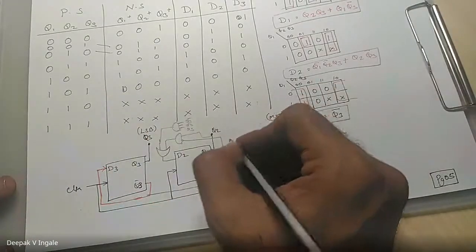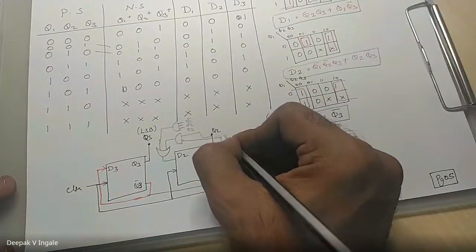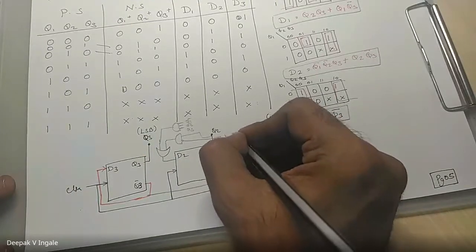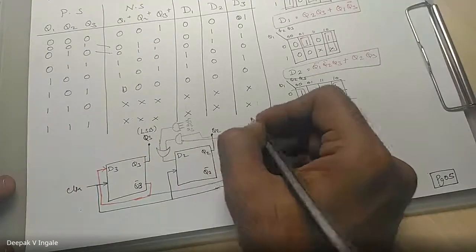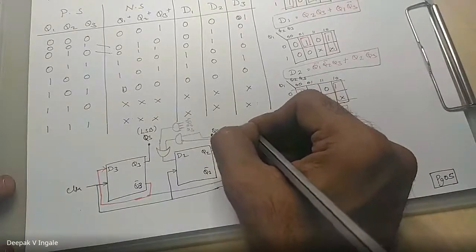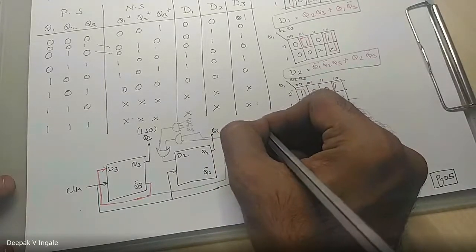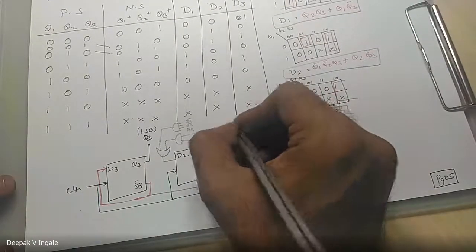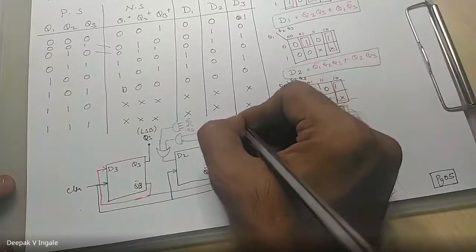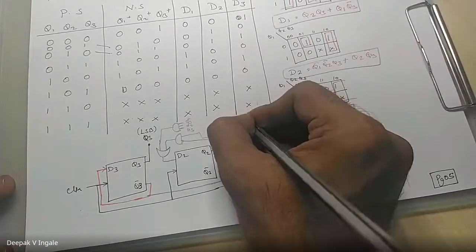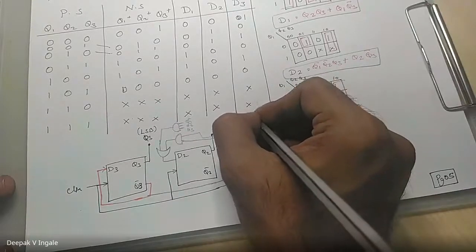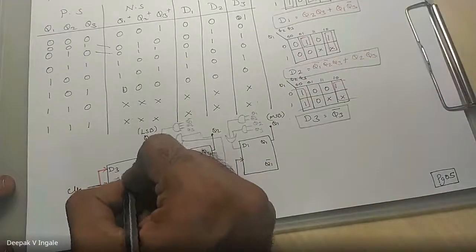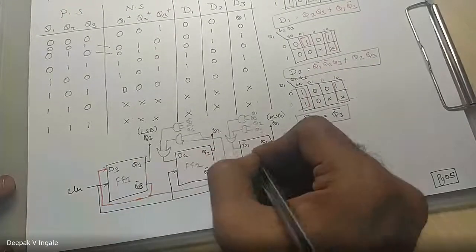Similarly, one more OR gate is required here, from Q2, Q3, Q1, Q3. So you can call this FF3, FF2.